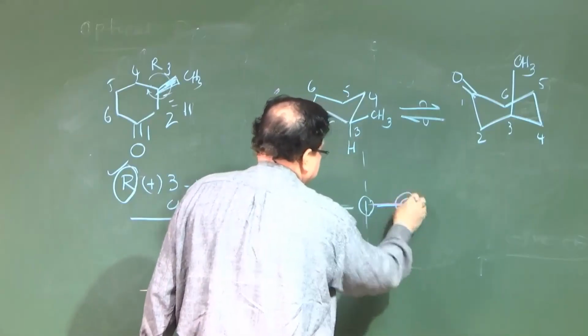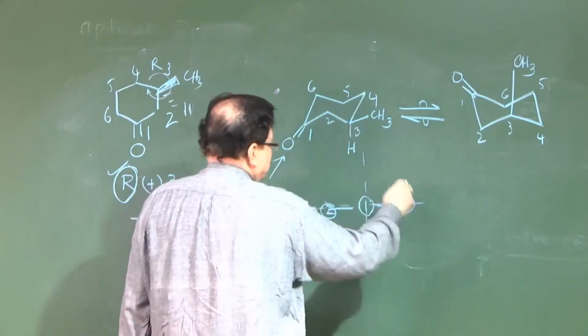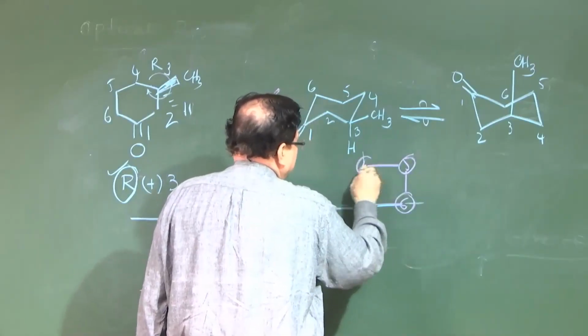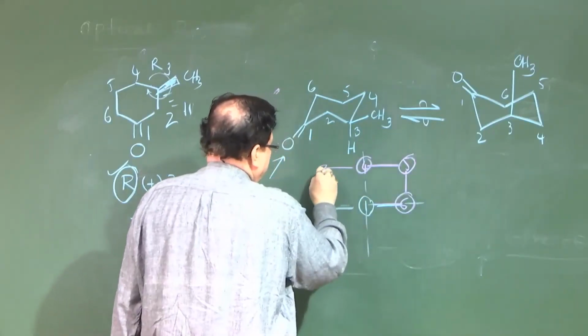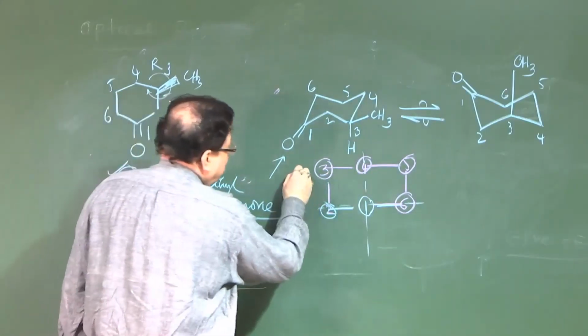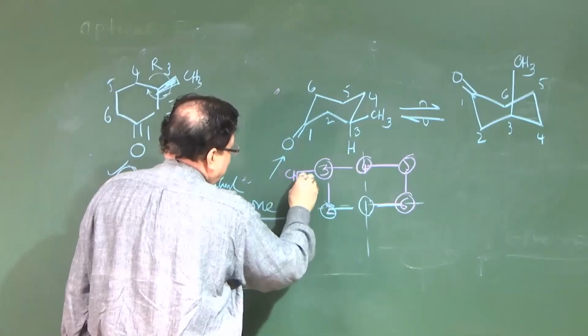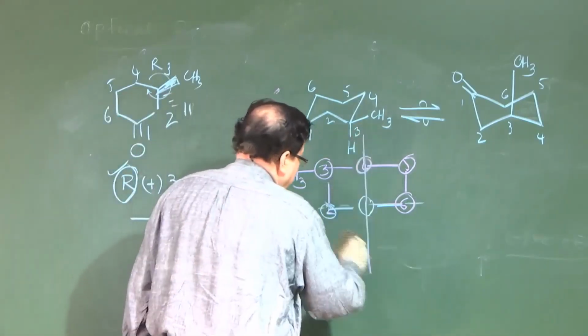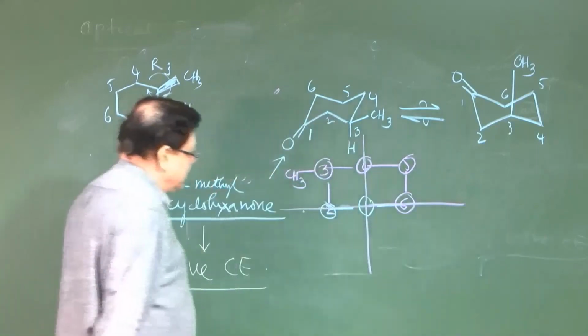Right side will be 6. Okay. And then you complete it. This is 5, this is your 4, this is your 3, and now you have an equatorial methyl. Equatorial means it goes to the right and left side. So, this is your octant projection. Okay. So, that is the case.